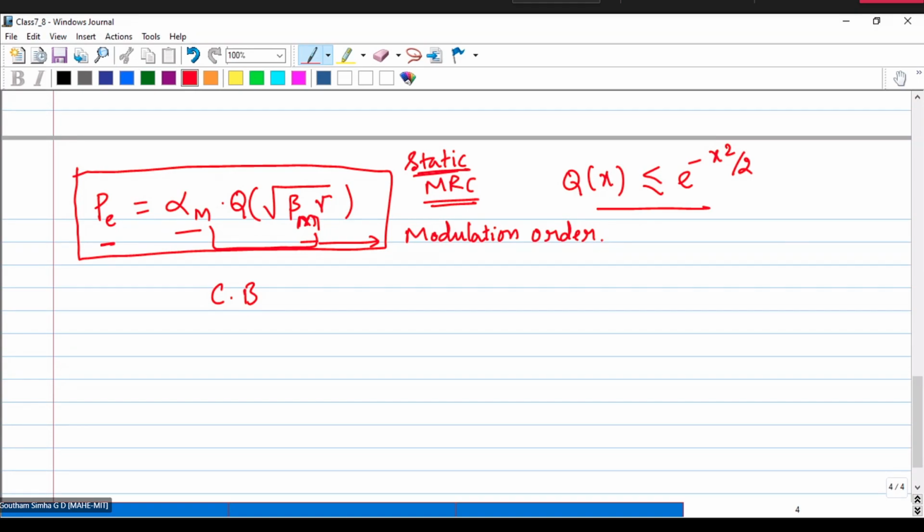The Chernoff bound of a random variable x can be attained by Markov's inequality.